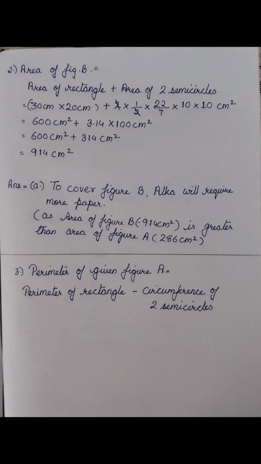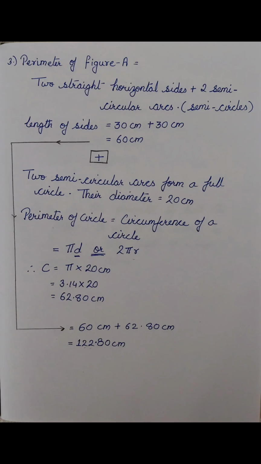Now for section 2, we are going to calculate the perimeter of figure A. So I'm going to write perimeter of rectangle minus circumference of two semicircles. As we are supposed to calculate the perimeter, here we are going to take out the circumference. If you see the figure properly, you can see that two straight horizontal sides are there, plus two semicircular arcs.